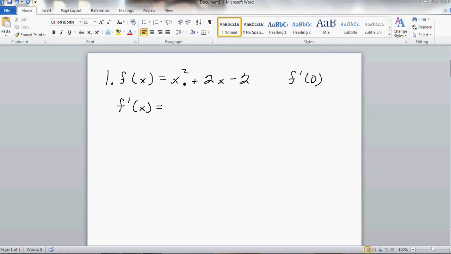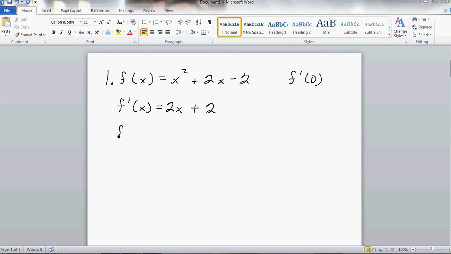It's not near as nice as this shortcut, but eventually we will be able to find the shortcut version of it as well. And so we bring this exponent times the coefficient here, which is 2, and then we take 1 less, so x to the first power is just plain x, plus, okay, this has an exponent of 1, 1 times a coefficient of 2, and this will become x to the 0 or 1, and the derivative of a constant is always 0, so that's where we are at on that.